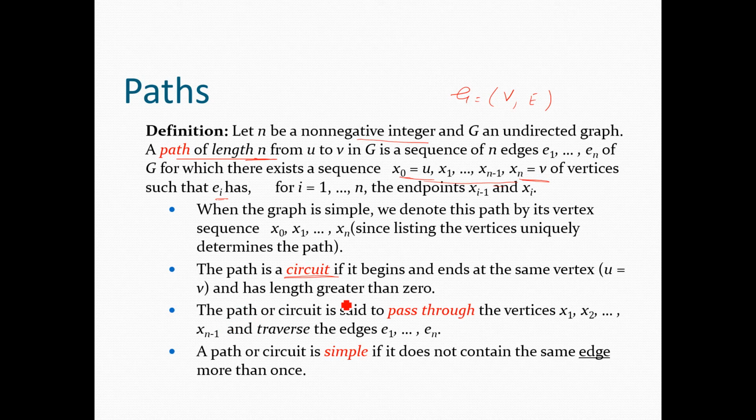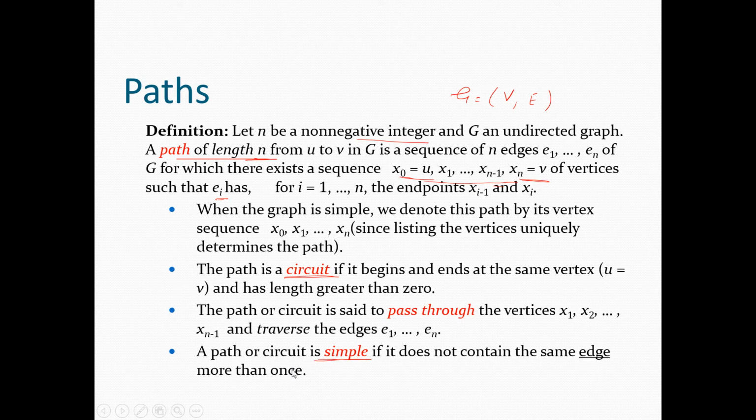So the path or circuit is said to pass through the vertices and traverse the edges e1, e2 to en. A path or a circuit is simple if it does not contain the same edge more than once.